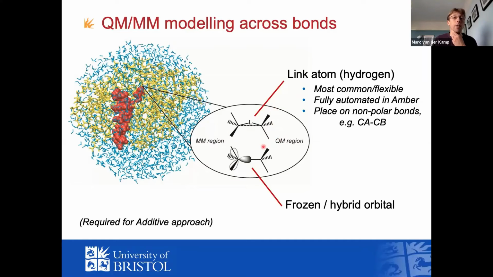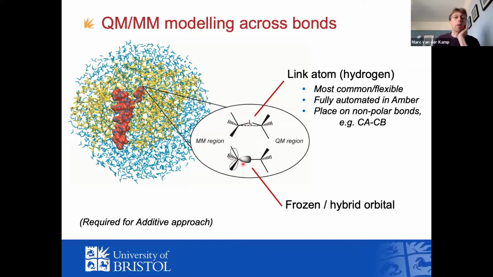And the issue is that we need to satisfy the valence in the QM region. So that is done in the link atom approach by essentially adding, typically, a hydrogen along the MM-QM boundary bond, so that we have a hydrogen there that satisfies the QM region, and the MM atoms feel the forces of this as well if it starts moving.